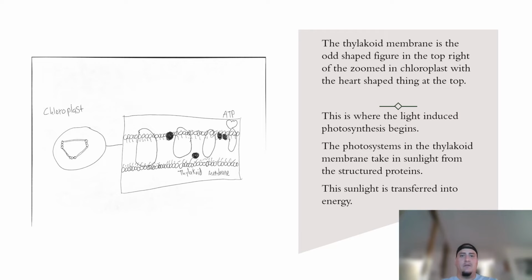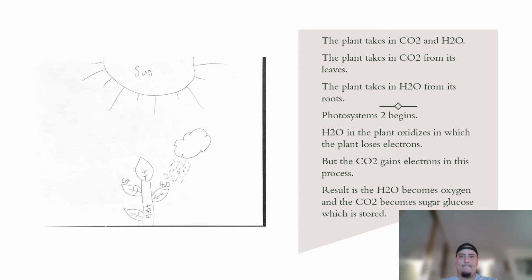That's what's needed. The plant takes in CO2 and H2O. Like I said previously, the plant takes in the CO2 from the leaves, and the H2O comes from the roots. And that's when the photosystems begin, when both of those are taken into the plant.